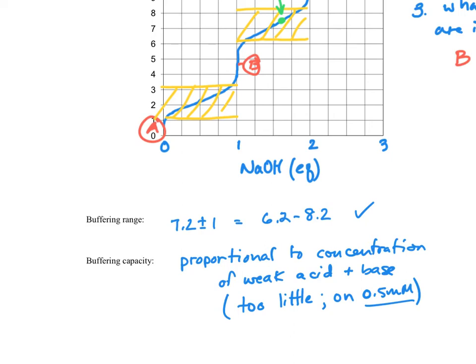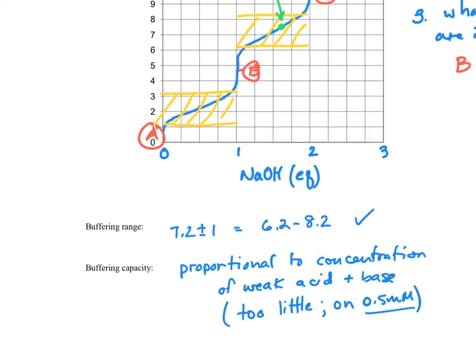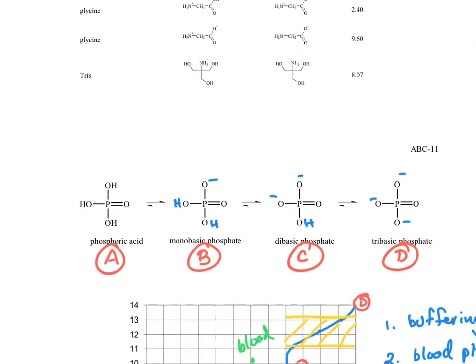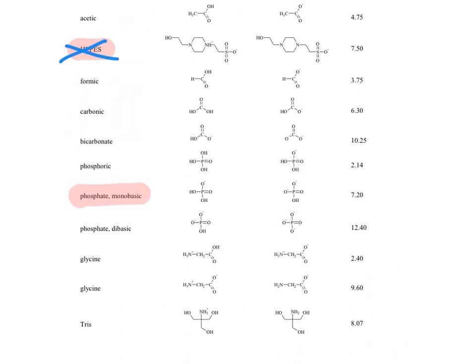Okay, so in our hunt for a buffer for blood, we said it's not acetic acid, wrong pKa. It's not phosphate, too little buffering capacity. So what is it? Well, we have to go back to our chart and see what we see.